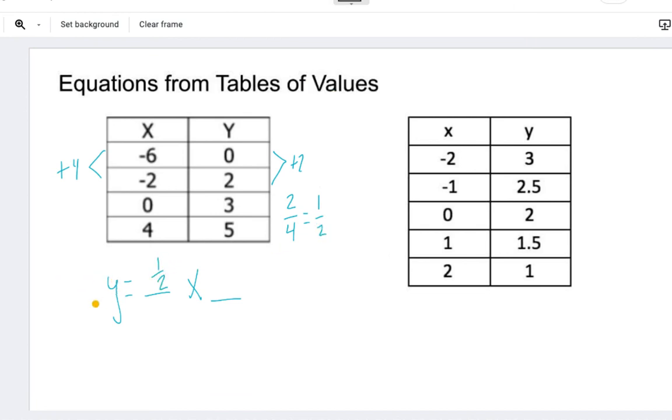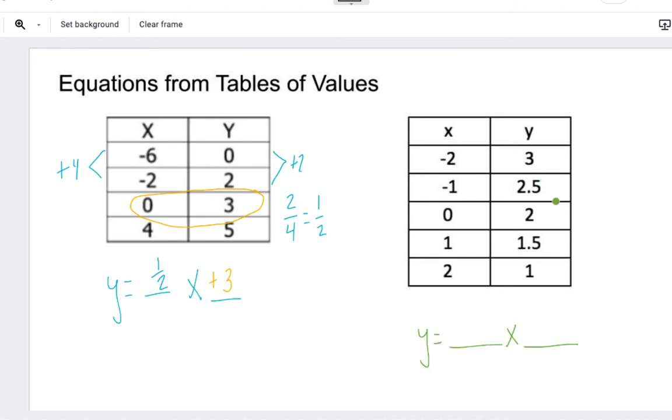Now the y-intercept is where the line crosses the y-axis, where x is always 0. So on a table, we just look where x is 0, and whatever the y value is at that point, that's the y-intercept. So here, if it's 0, 3, the y-intercept is 3, plus 3. So the equation is y equals 1/2 x plus 3.